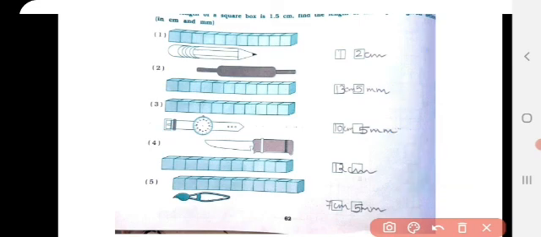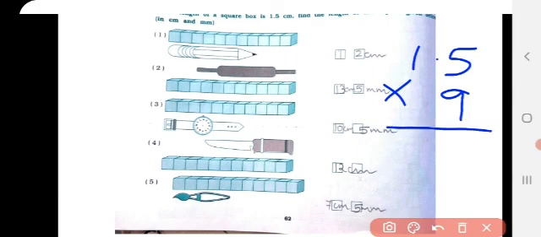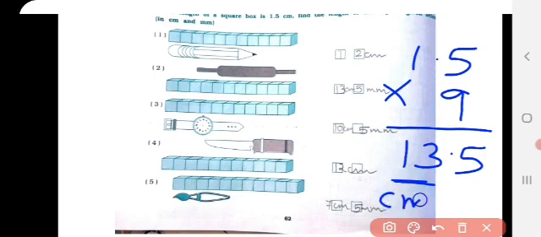That 13 is before the decimal point, so that is your centimeter. And 0.5, after the point you have one number, that is 5, that is your millimeter.